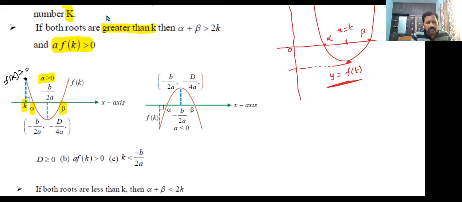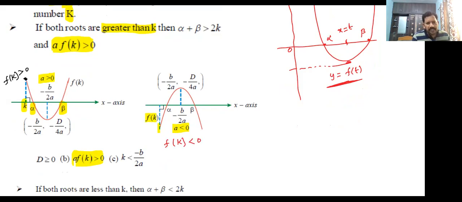Same like that, observe a is less than 0 and f of k is here, that means f of k is less than 0. A less than 0, f of k also less than 0. In this case the product of a and f of k, negative into negative, is positive.